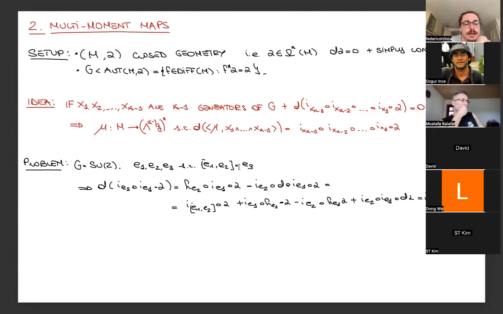If I pick SU(2) and E1, E2, E3, the generators of the Lie algebra, such that the Lie bracket between E1 and E2 is equal to E3, so this is a standard basis of the Lie algebra of SU(2), then if I plug in two vectors into my α, which is a three-form, then by using Cartan's magic formula and the formula on how the Lie derivative commutes with the interior product, you can see quite straightforwardly that what you get is α contracted with E3, which is the Lie bracket of E1, E2, which a priori is not zero.